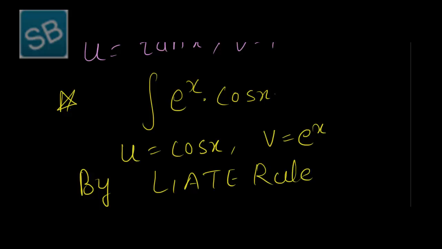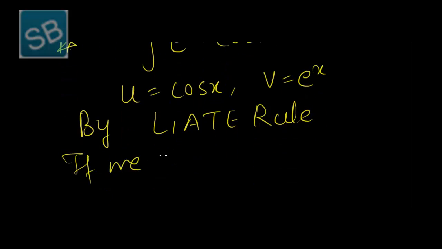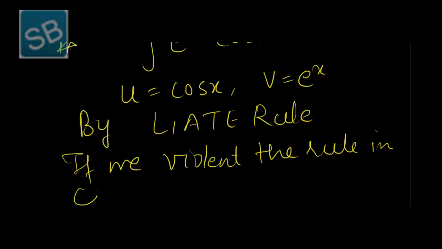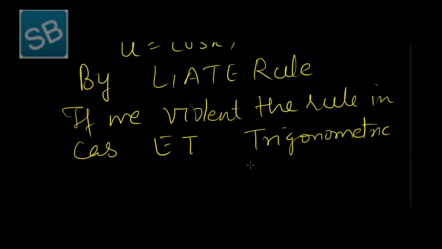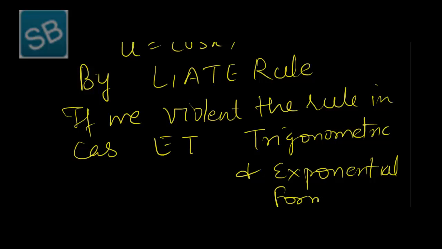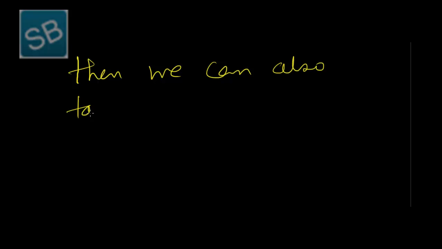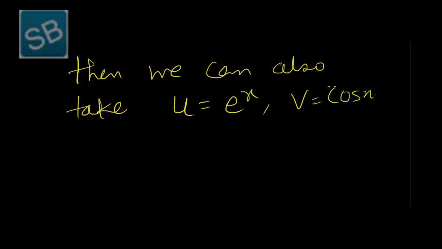But if we violate the rule, in case of the ET form, that is trigonometric and exponential form, then we can also take u is equal to e raised to power x and v is equal to cos x.